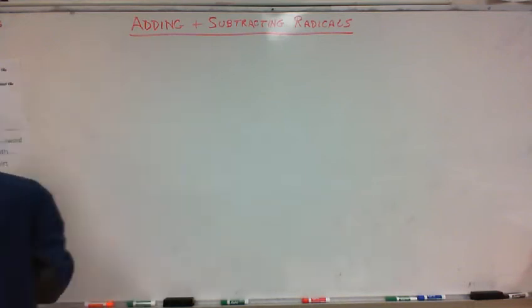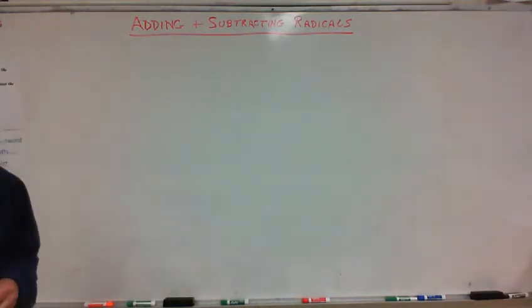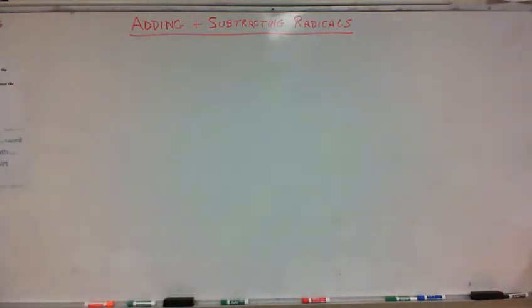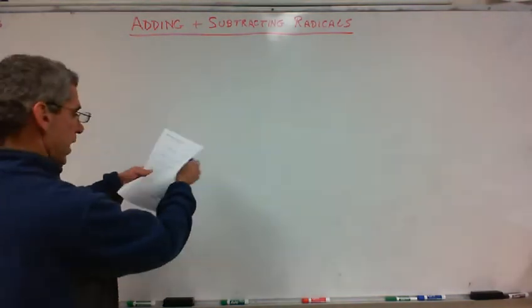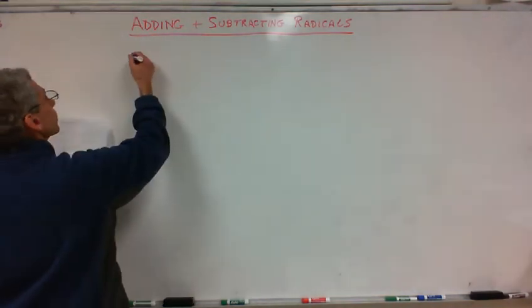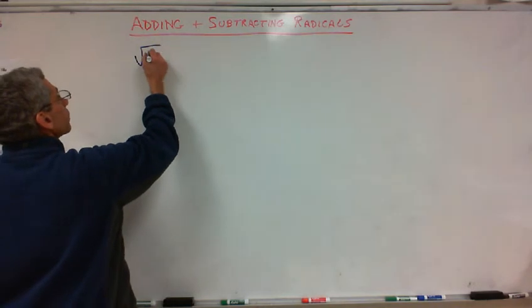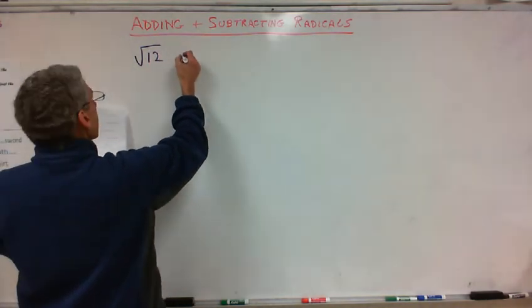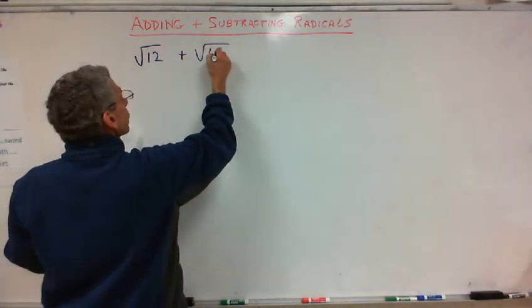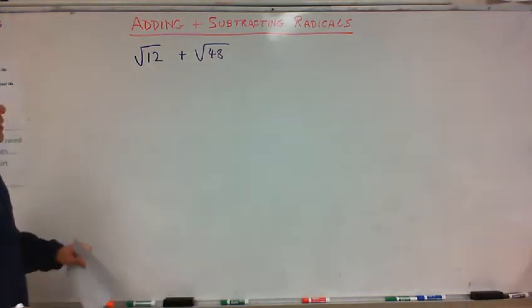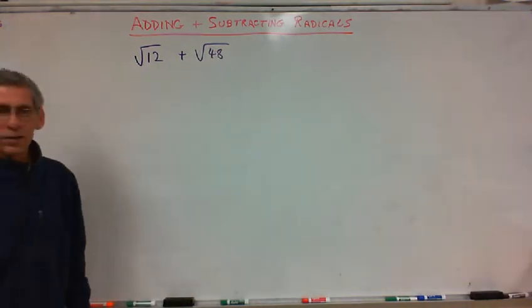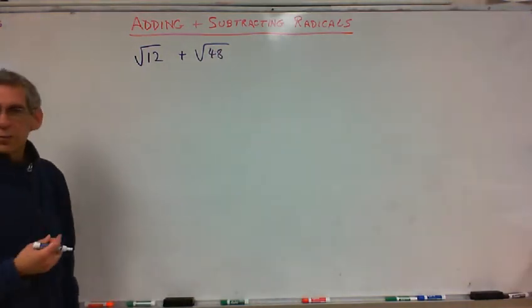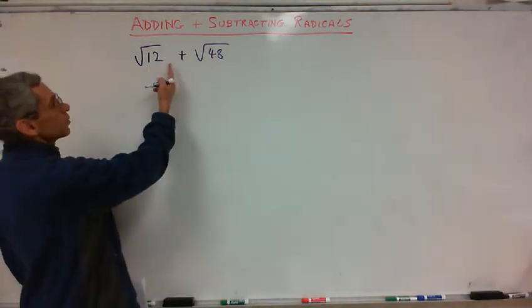I'm just going to use some of the ones that were on the back here. So we have the square root of 12 plus the square root of 48. And we're thinking, oh my gosh, they're not like terms because the numbers are totally different.